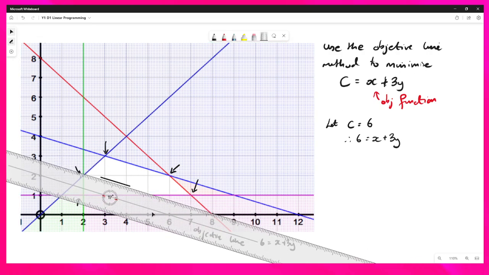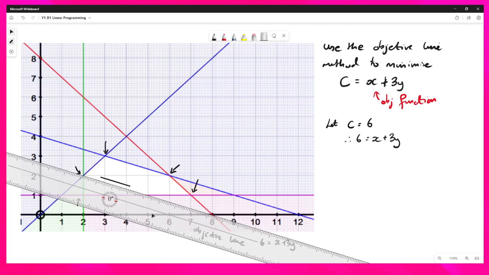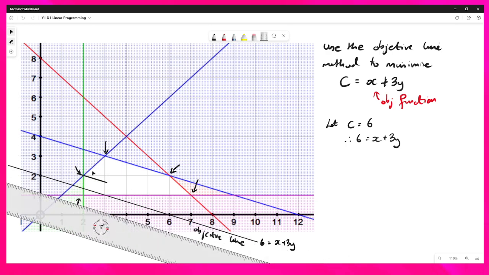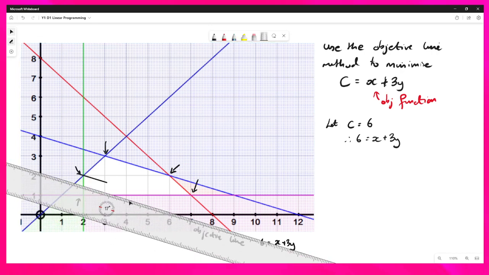With the ruler at every vertex, your ruler is going to go through the vertex and is potentially going to cross through some of the feasible region. So we can see at this vertex here between this green and the blue line, that this objective line cuts through the feasible region, which means it's not useful at all.